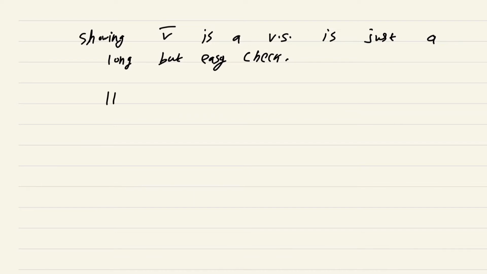Suppose the norm of a particular equivalence class is 0. This will happen if and only if norm xn converges to 0, because that's how the norm in this complicated space of equivalence classes was defined. You just take norm xn and take the limit as n goes to infinity.